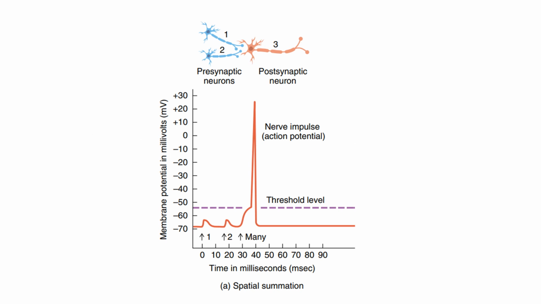As you know from before, summation can be spatial summation, in which simultaneous activation by two widely spread signals can be summed into another one which can reach a threshold, like this. This is called spatial summation.